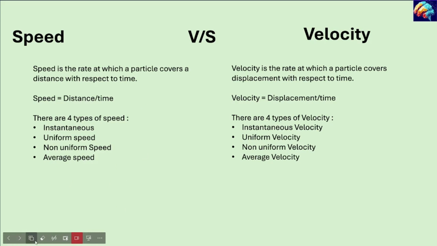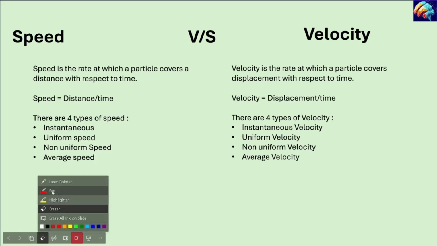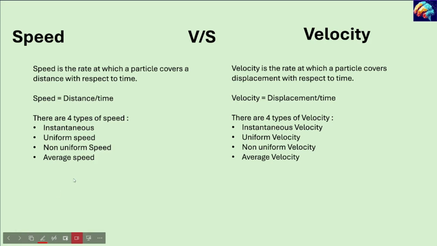Average speed is the speed of an object taken over an average. So the formula for it would be total distance divided by total time. This would be the formula for average speed.